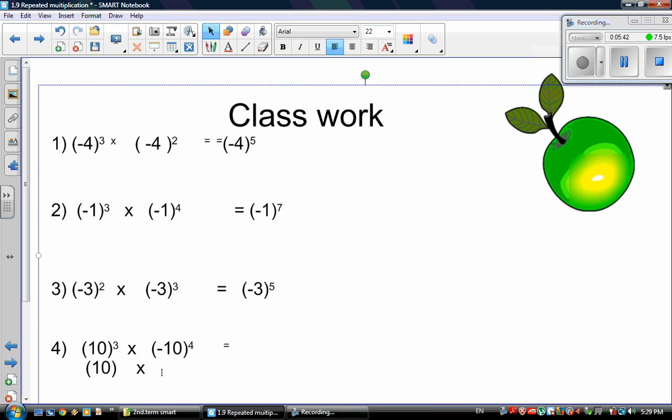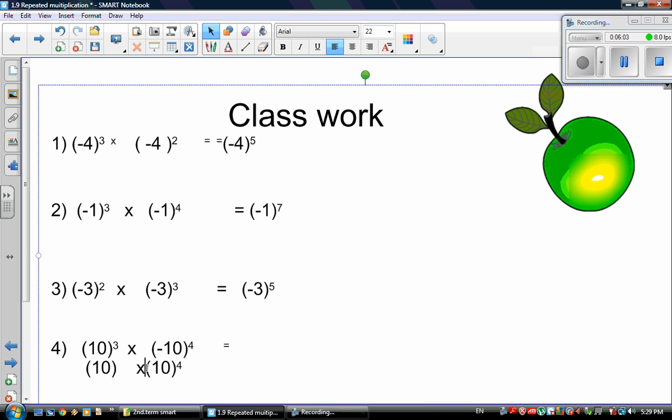You know from the previous lesson, if the negative base has an even power, you can remove the negative sign and write 10 to the power 4.